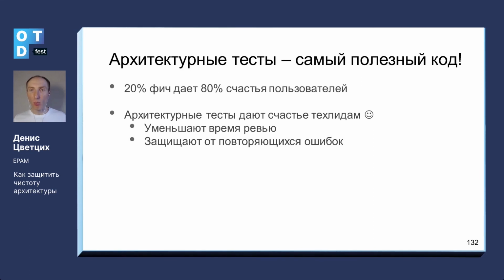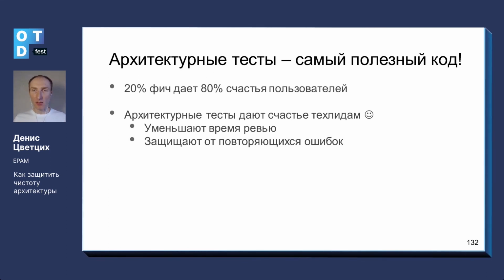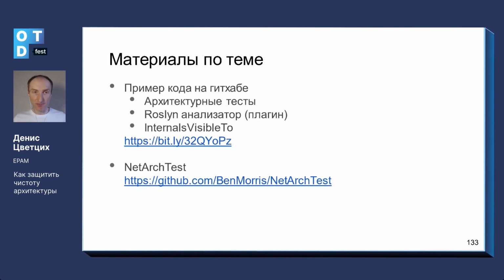Of course, it's possible to avoid errors introduced by new participants of a project who don't know the specifics. These tests help us secure that there are basic ideas in the project, and they ensure compliance with these ideas.